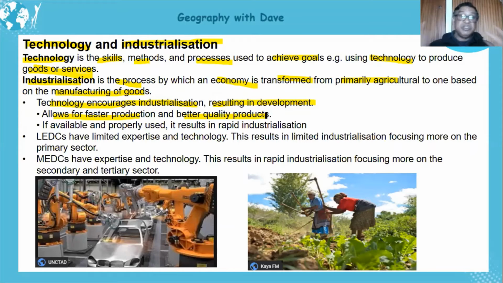If available and properly used, it results in rapid industrialization. Meaning if all those machines and technology are used properly and we create more machines and, as I said, electronics. In the past, people used to make those iron steel pipes to run things, and you need a certain amount of pressure. They should physically test the pipe and put pressure in it to see if it bursts.